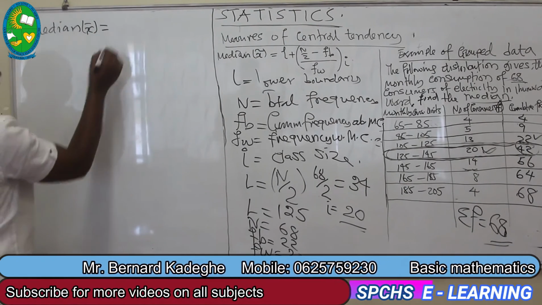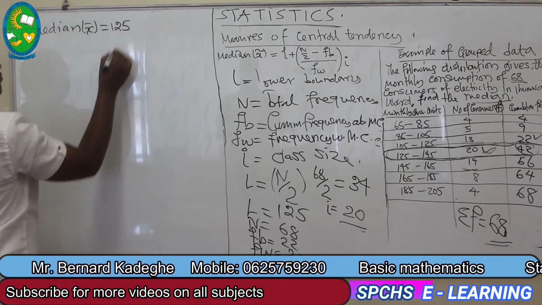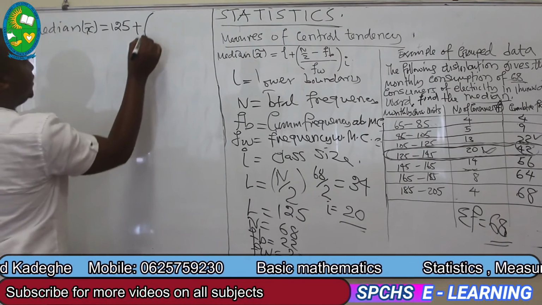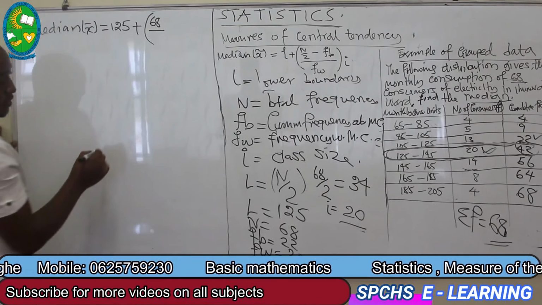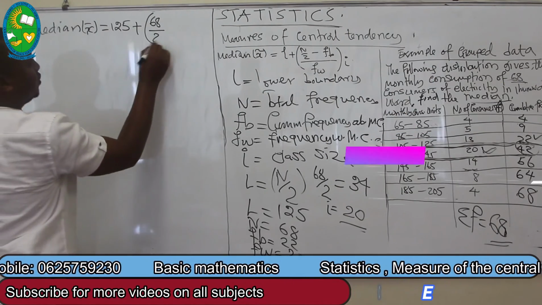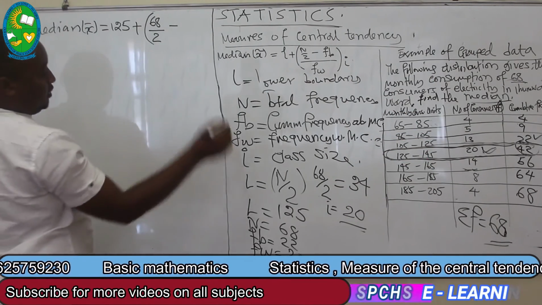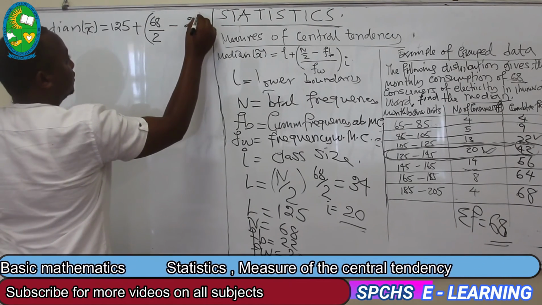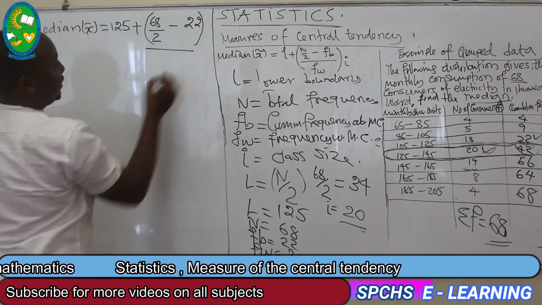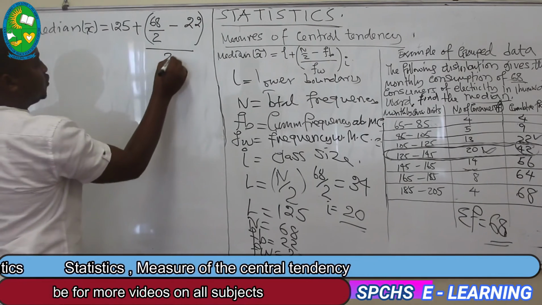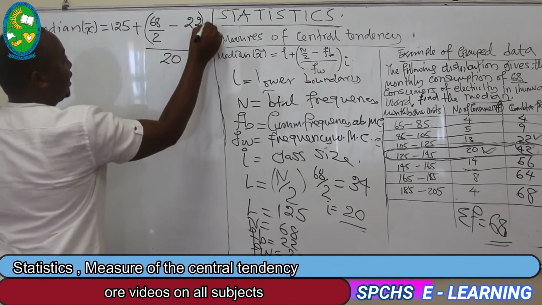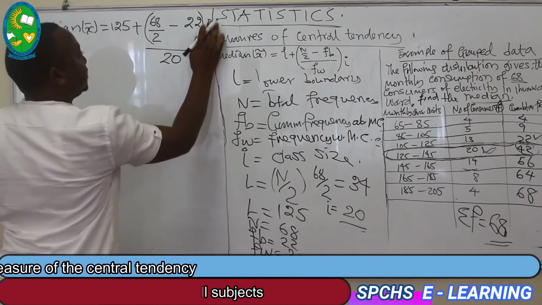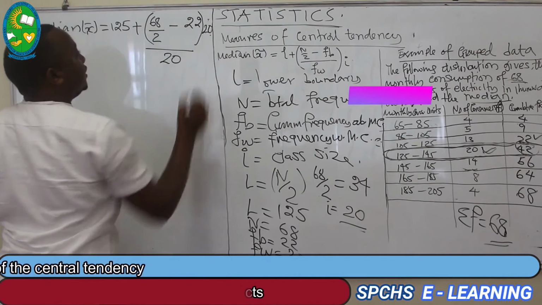The median will be L, which is 125, plus brackets, n is 68 divided by 2, minus FB is 22, brackets, divided by FW is 20, times the class size, which is 20.